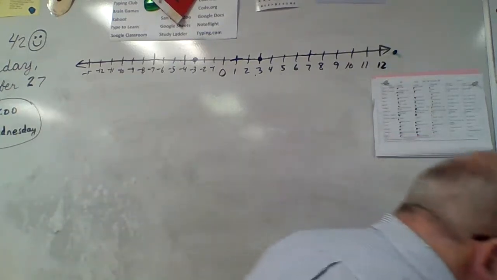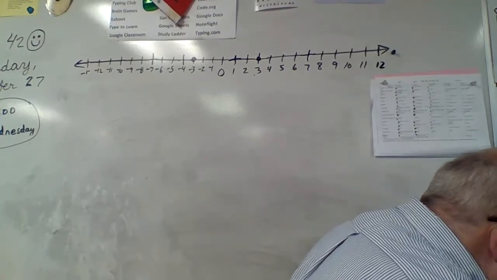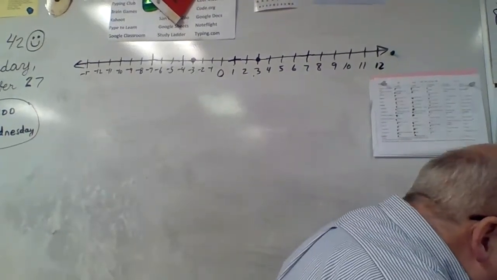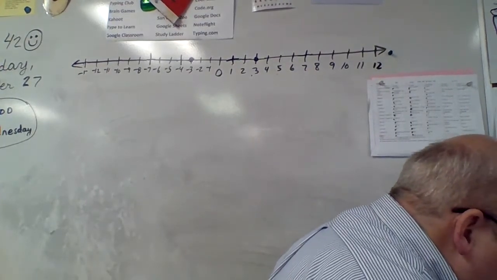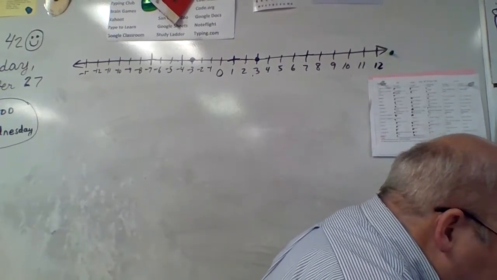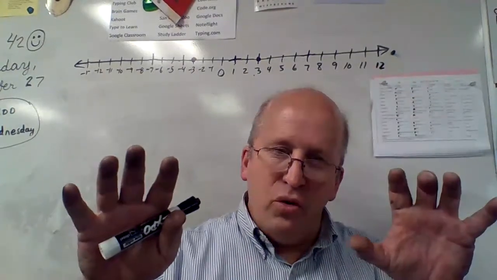How about number 9? Number 9 says, the median age of people living in the United States was 35.3 years in the year 2000. This is 2.4 years older than the median age in 1990. Write an equation that models this situation. So we've got 1990, and then later on we've got the year 2000.